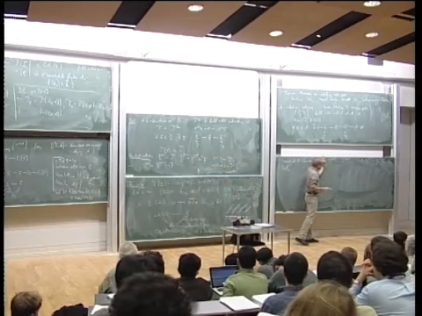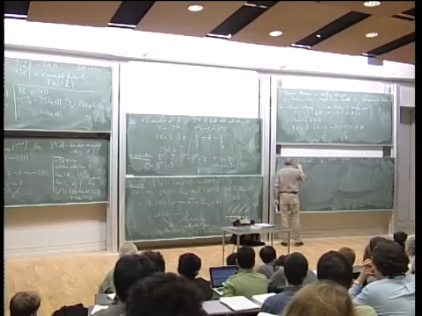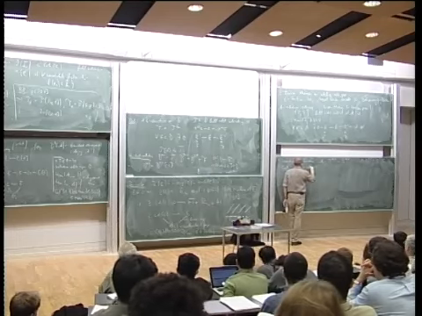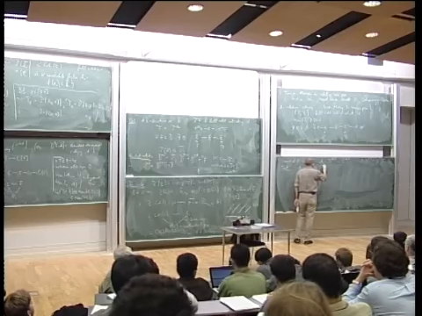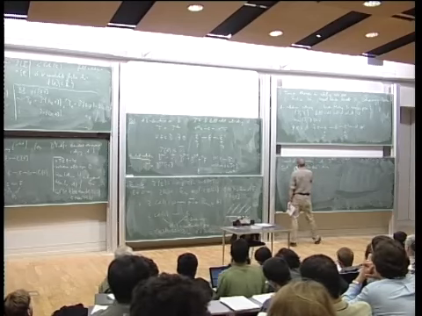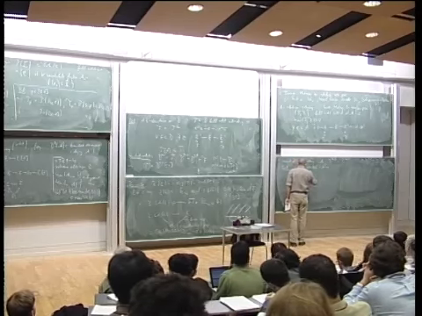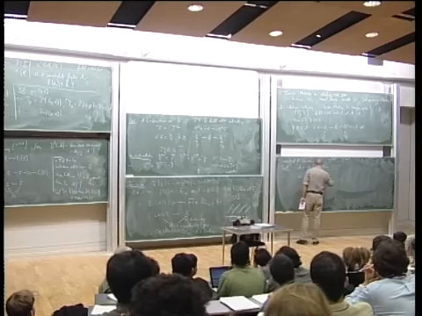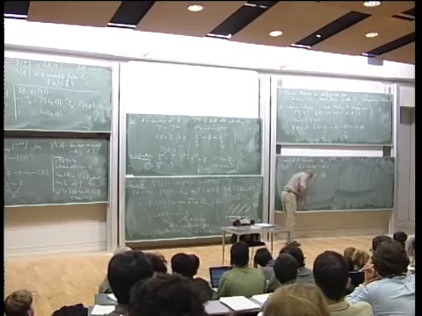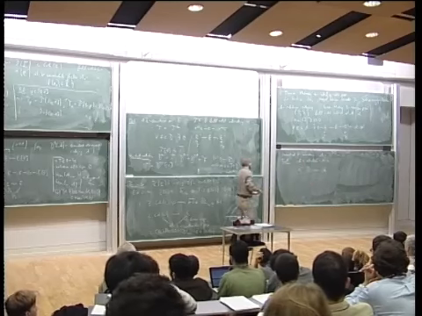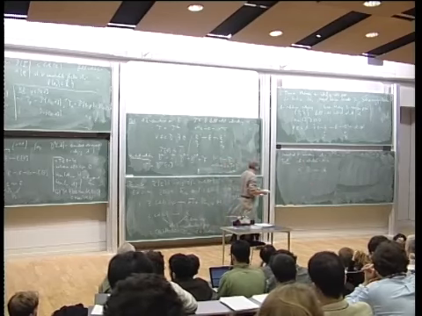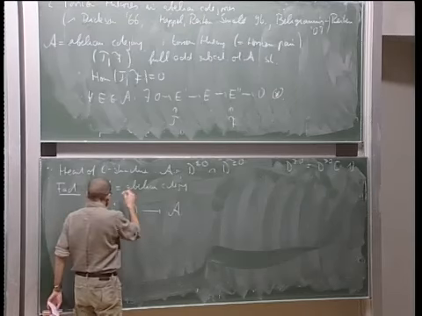If I have a T structure, I take the heart, and the heart is always an abelian category. And there is one useful functor for each i, like taking the cohomology.